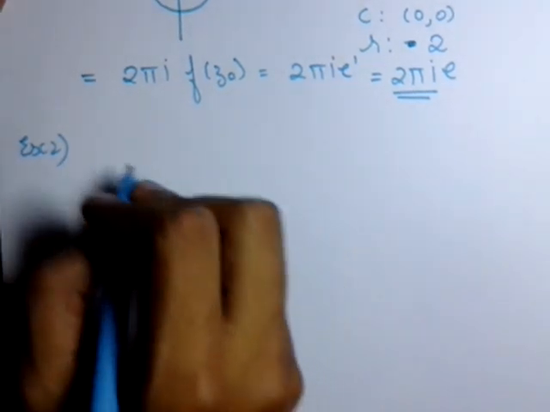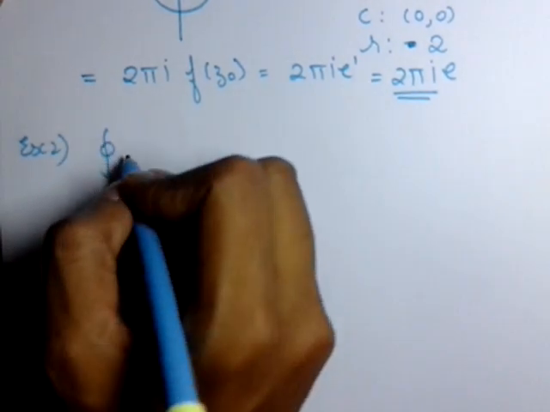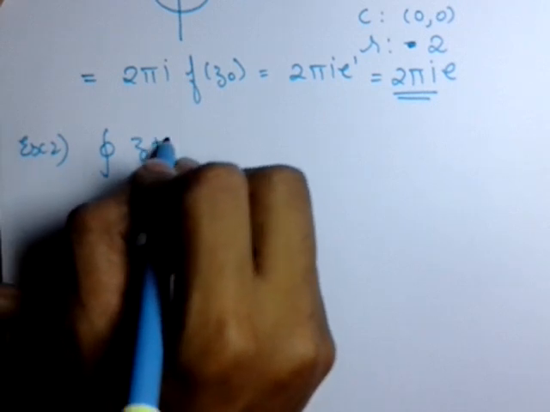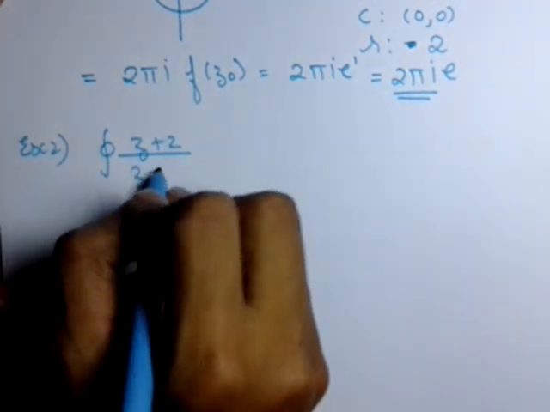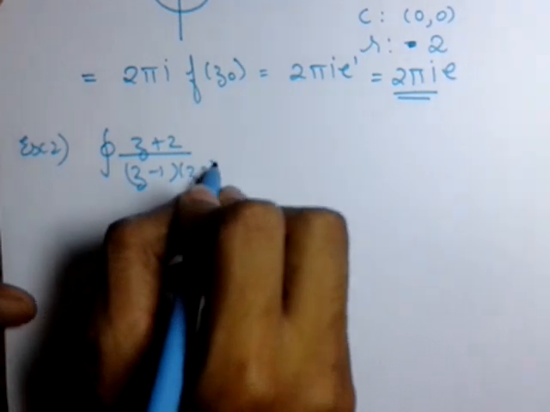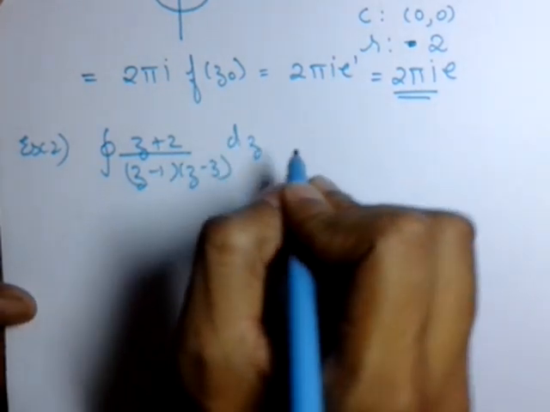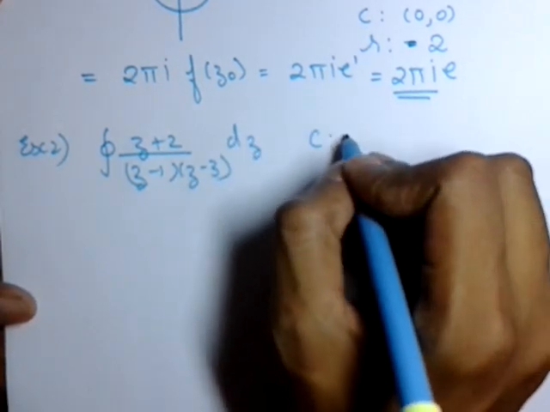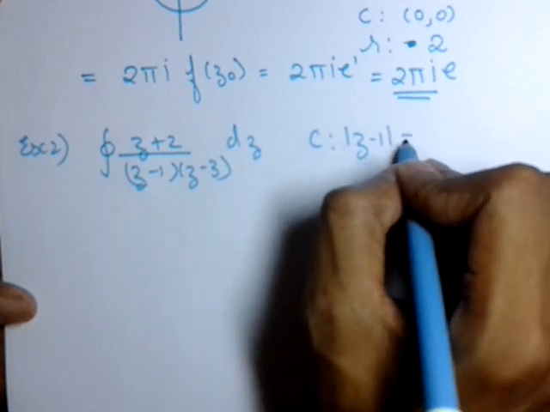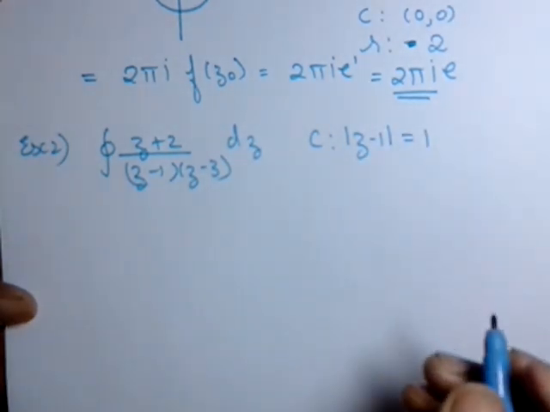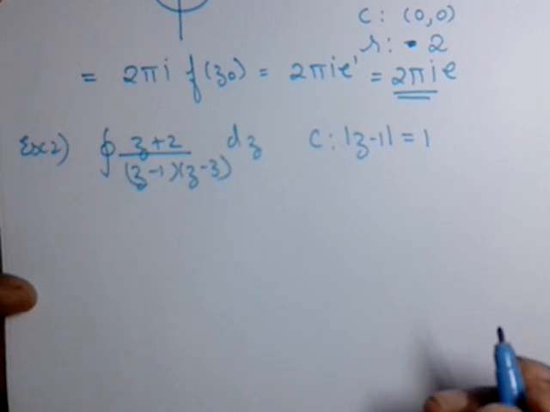So here we have to perform the integration of (z plus 2) upon (z minus 1)(z minus 3) dz, where C, the contour mod of z minus 1, is equal to 1. So now we'll have to find out how the contour is.